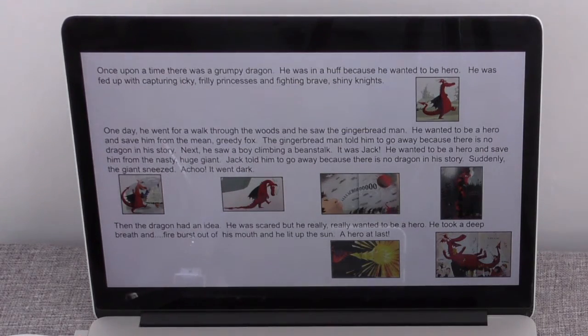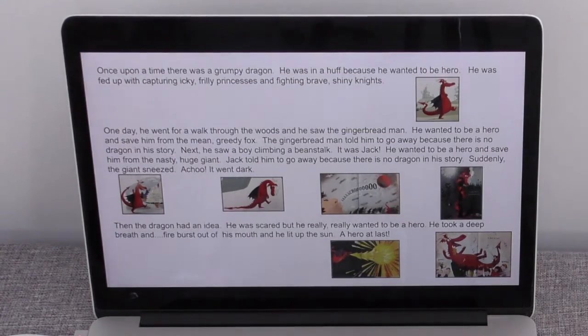One day he went for a walk through the woods and he saw the Gingerbread Man. He wanted to be a hero and save him from the mean, greedy fox. The Gingerbread Man told him to go away because there is no dragon in his story. Next he saw a boy climbing a beanstalk. It was Jack. He wanted to be a hero and save him from the nasty, huge giant.